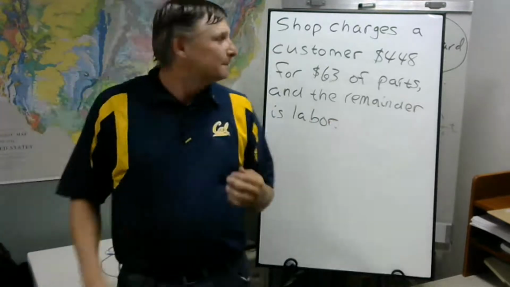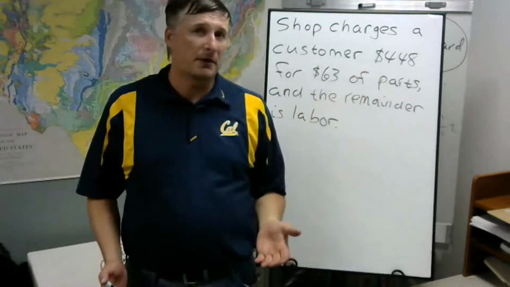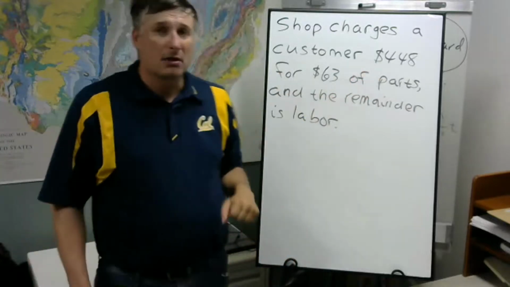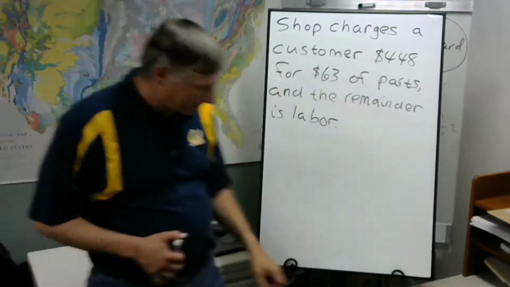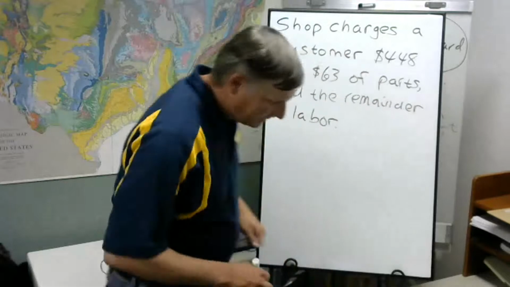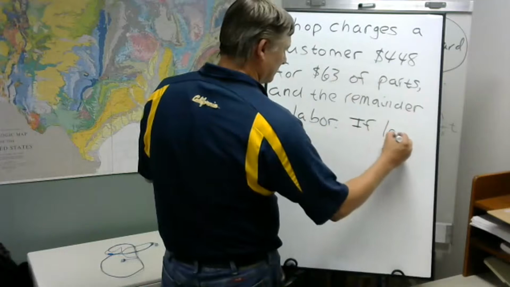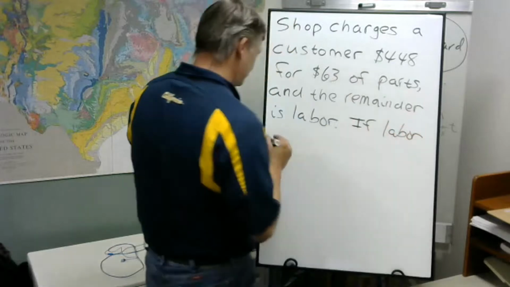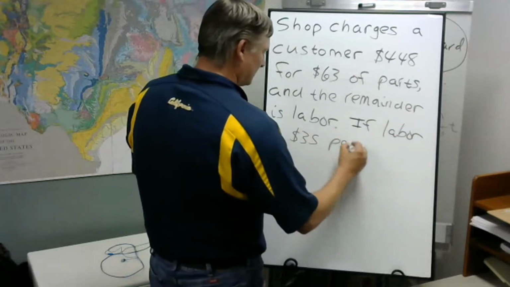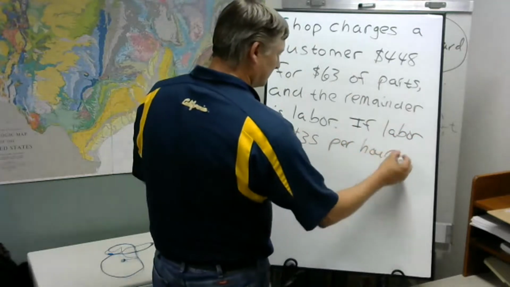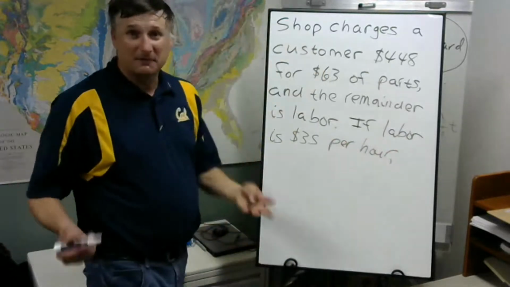So this is what we've got. You go to a car shop, you get your car fixed. The bill is $448. $63 of that is parts. The rest of it comes from labor. So if labor is $35 per hour, how many hours of labor did it take to fix the car?